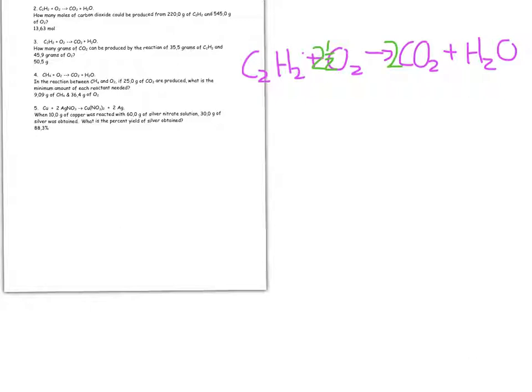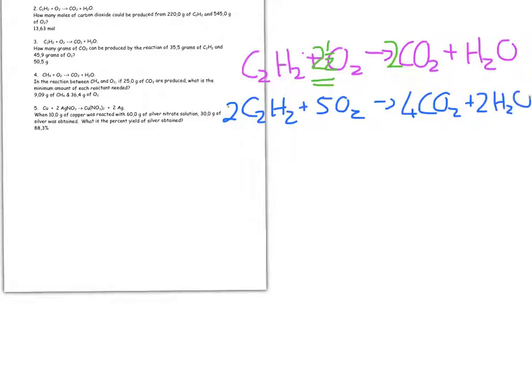But that is not how we balance equations. We don't have a half in the balancing number. So I just go through the whole thing, and I'm going to write 2C2H2 plus 5O2 gives me 4CO2 plus 2H2O. So I double all the way through, and then I land up with a balanced equation. But it's quite ugly, admittedly.